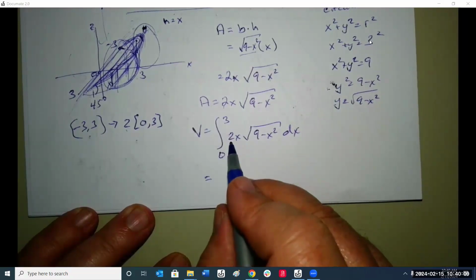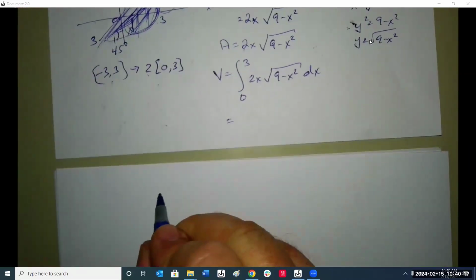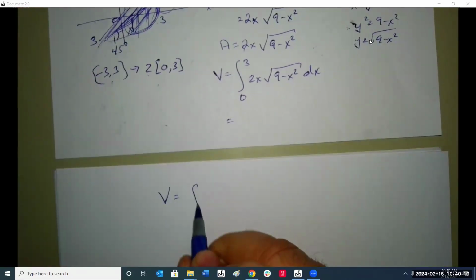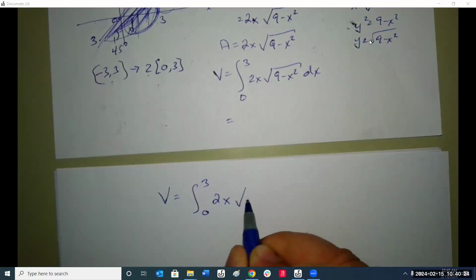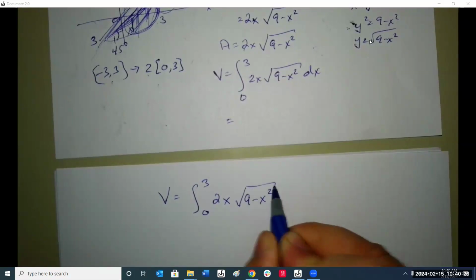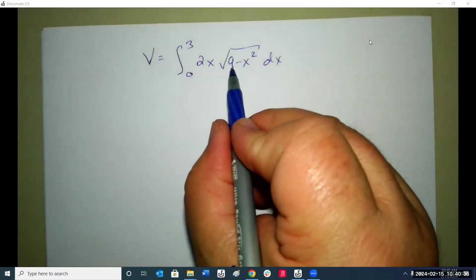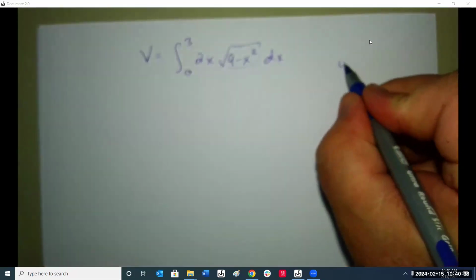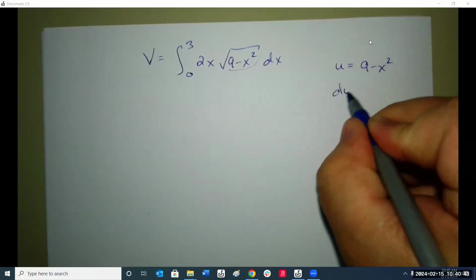So if we integrate this, we could say that u is equal to 9 minus x squared.